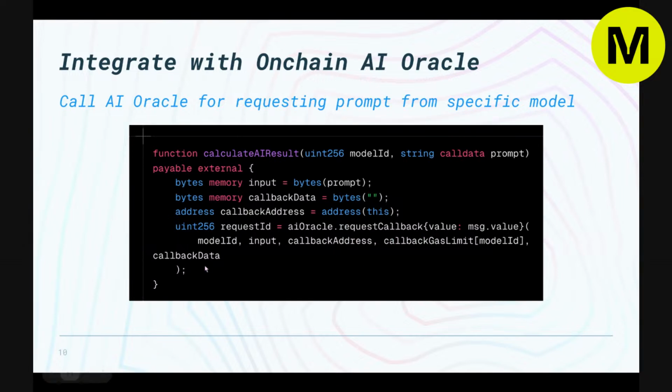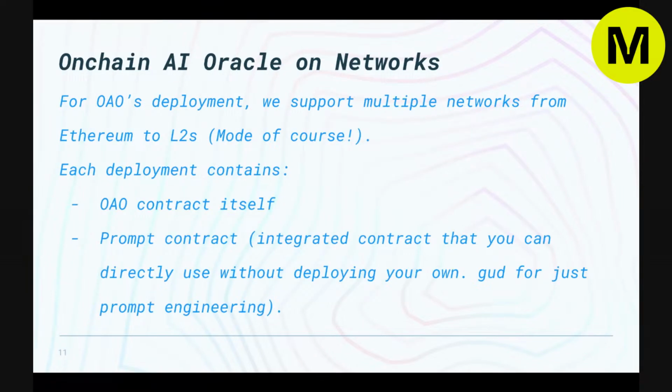You also write a callback function to receive the result from the AI Oracle, so you can use this AI inference result in your smart contract or your application.